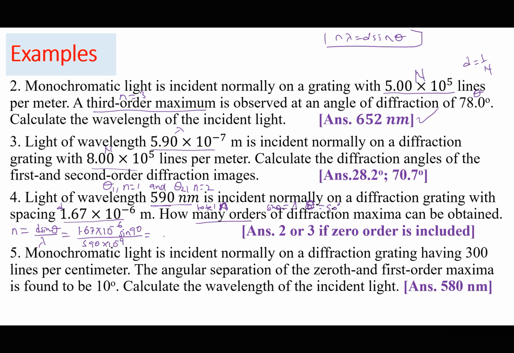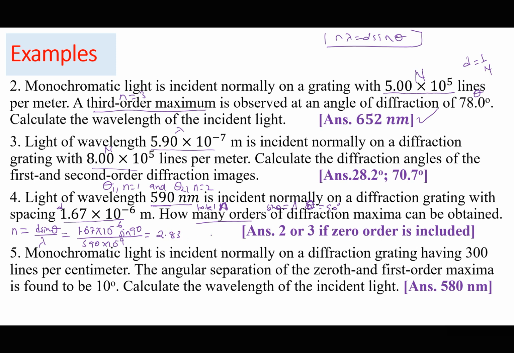So this gives us 1.67 exponent minus 6 divided by 590 exponent minus 9. This gives me 2.83 and so on.